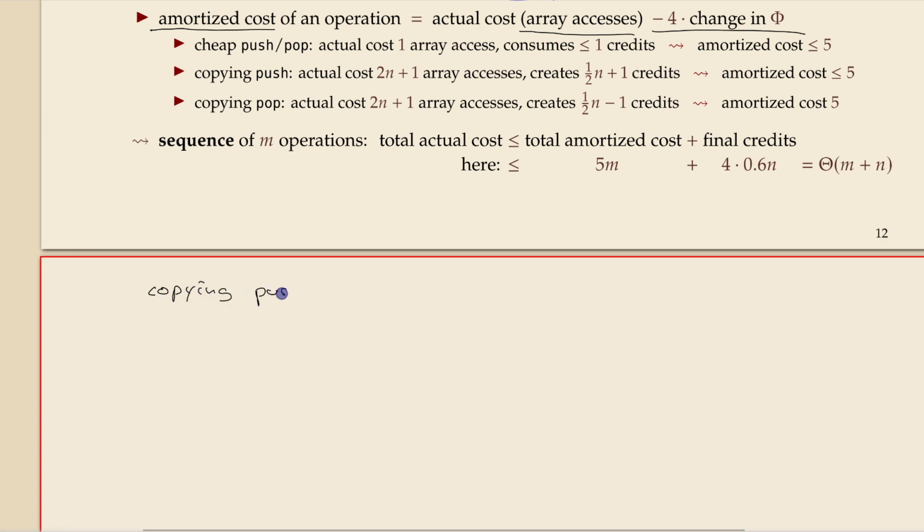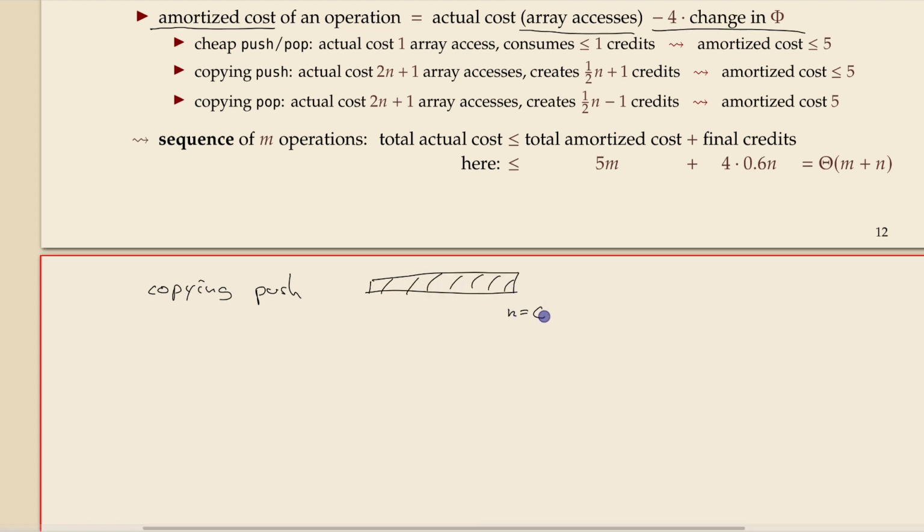Let's do this one in a bit more detail. So if we have a push that's expensive, the situation before must have been the entire array is full, n equals c. That's before. And after that, we've doubled the whole thing. And it's half full plus 1 element, right?